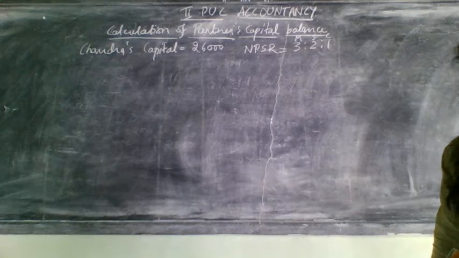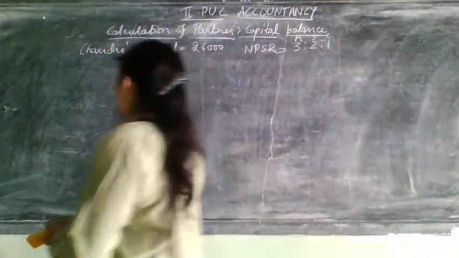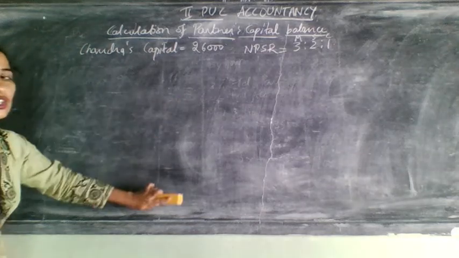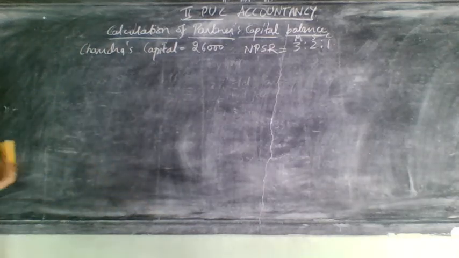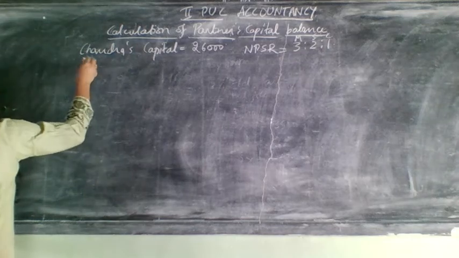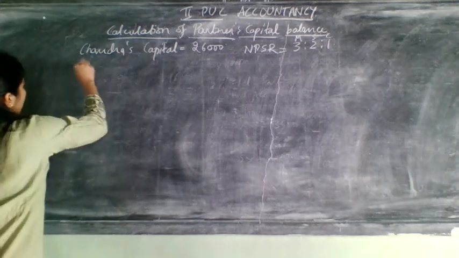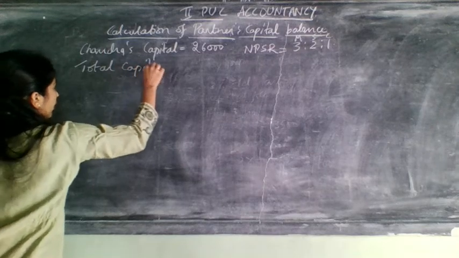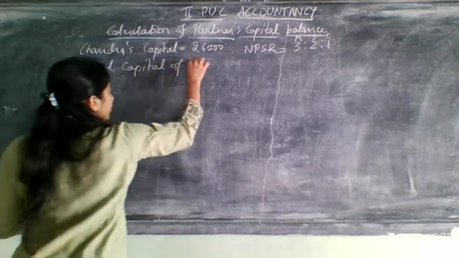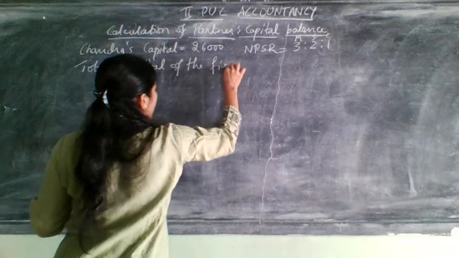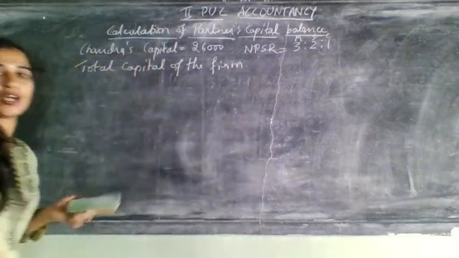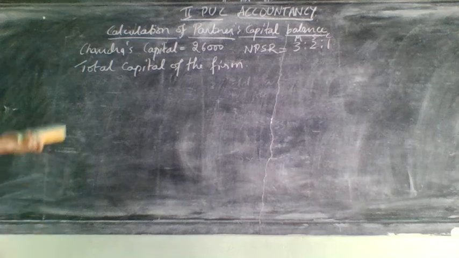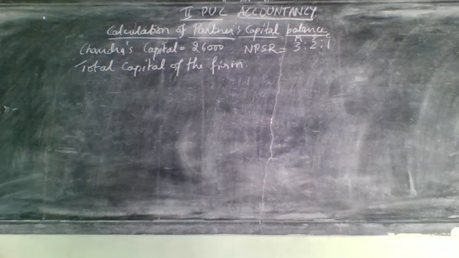It was given there. Next, first thing we need to find out is the total capital of the firm. How to find out that? Let us write here total capital of the firm. First we need to find out this. Then we need to distribute among the partners in their new profit sharing ratio.